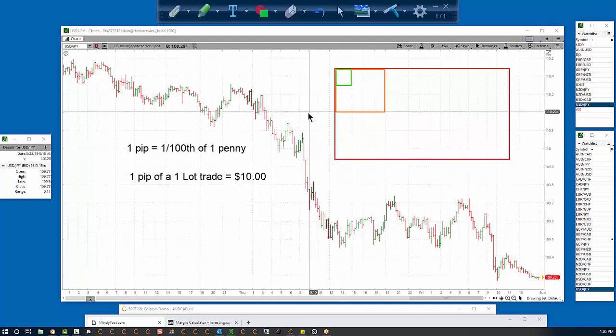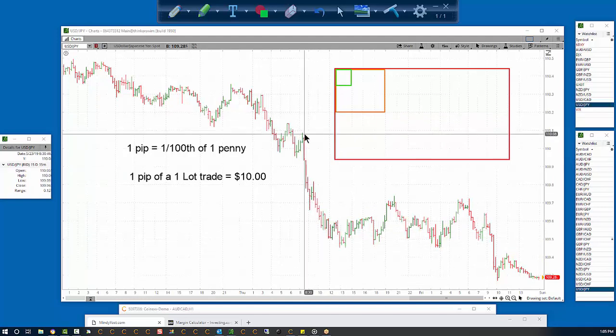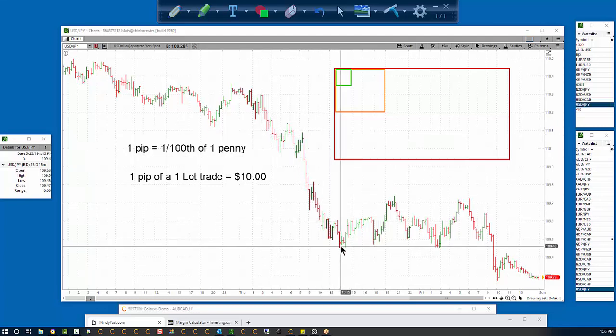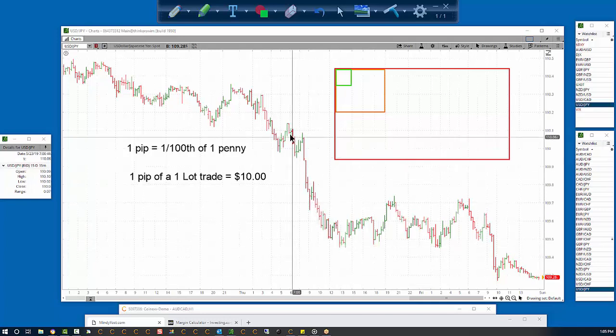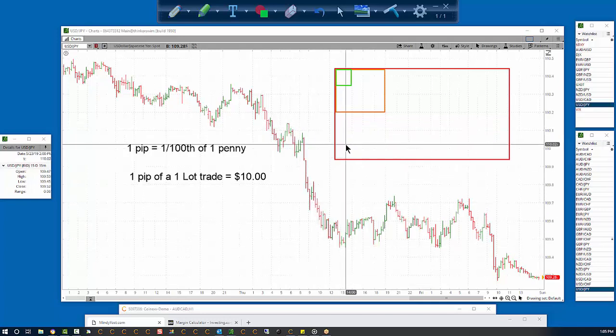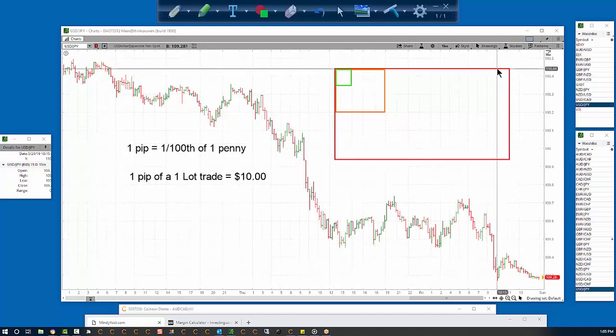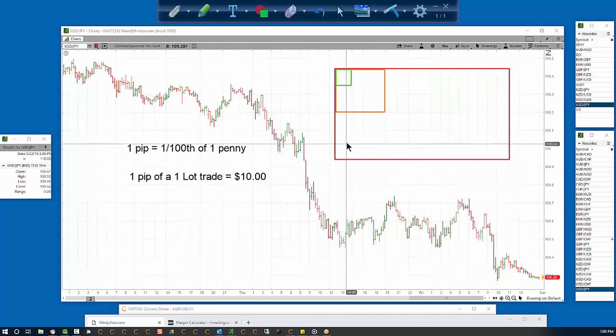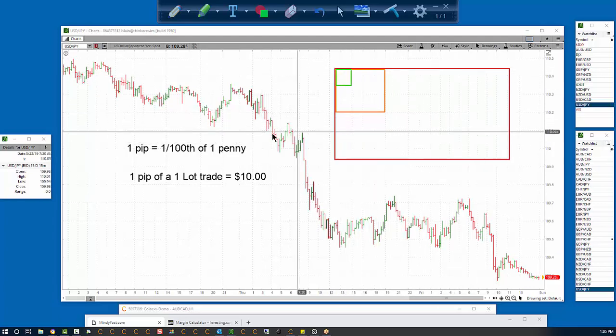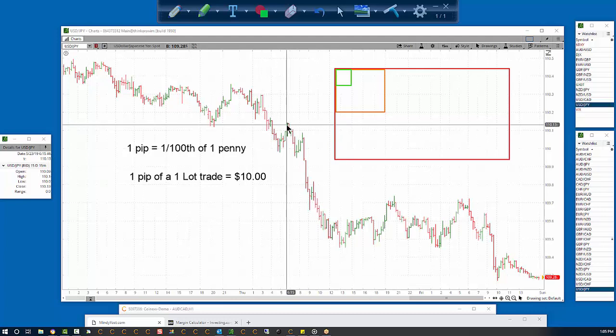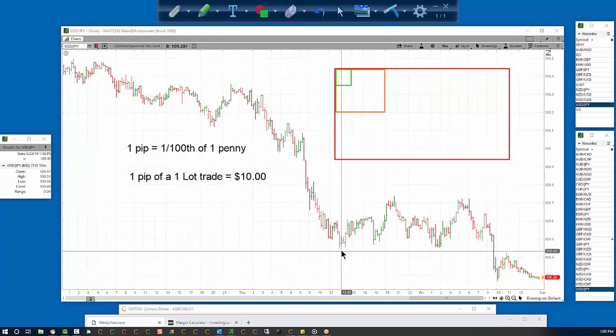But what would happen if I had done a buy here and the price went down to here? As the trader controlling this $100,000 block of this pair, I am fully responsible for any losses that happen in that trade.